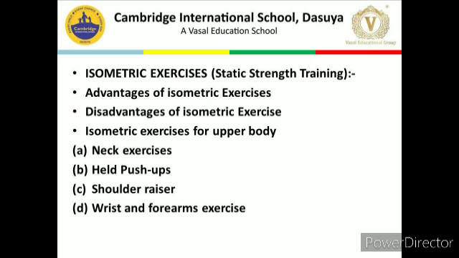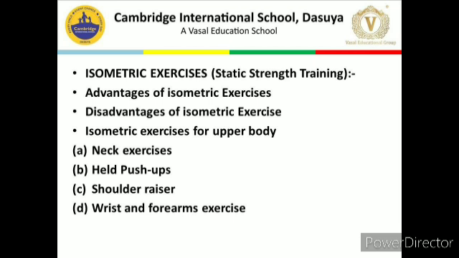Strength is largely developed through weight training. A weight training program can be divided into three categories corresponding to three types of muscle contractions: isometric, isotonic, and isokinetic. So first is isometric exercise. Isometric exercise is static strength training.